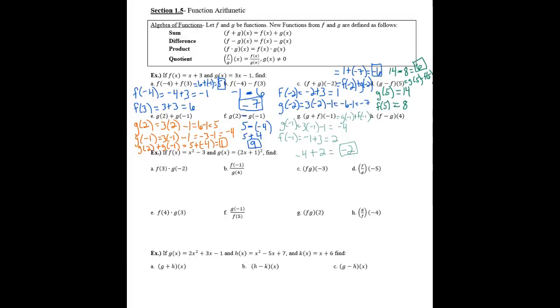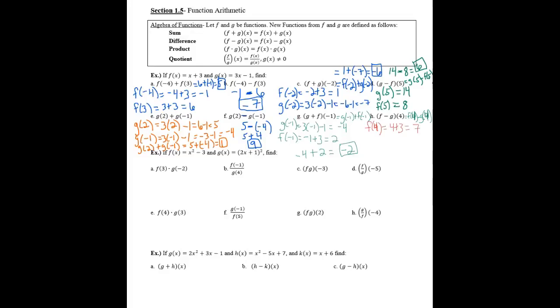And lastly here, we're doing F minus G of 4. Same thing as F of 4 minus G of 4. Kind of look like 9s, but they're supposed to be 4s. So we need to find F of 4 first. And I'm going to use a different color so it shows up between the two problems. F of 4. This is going to be 4 plus 3.